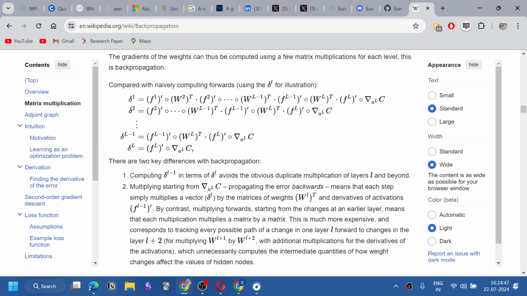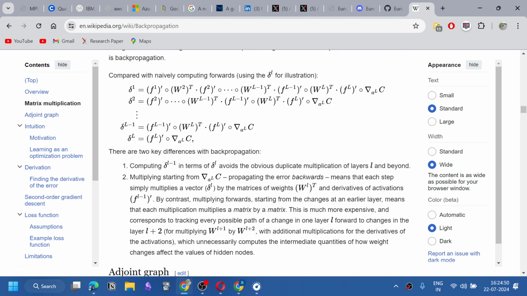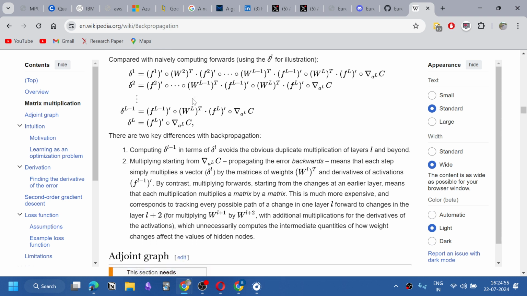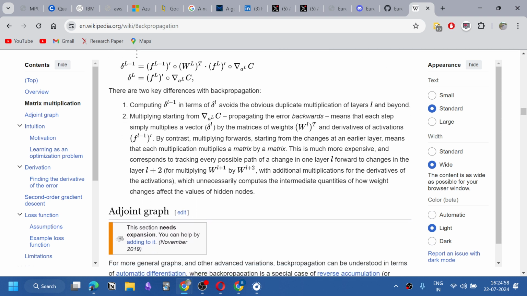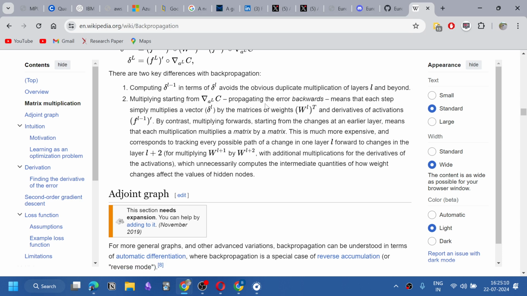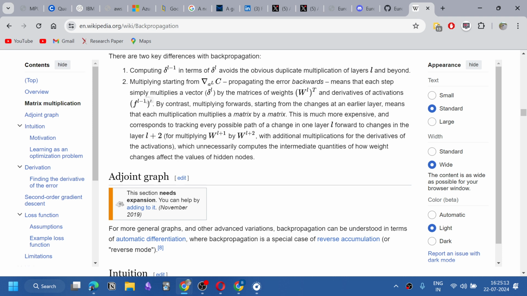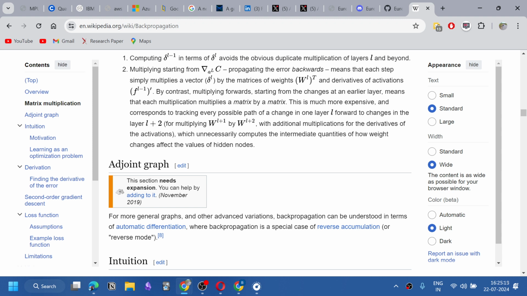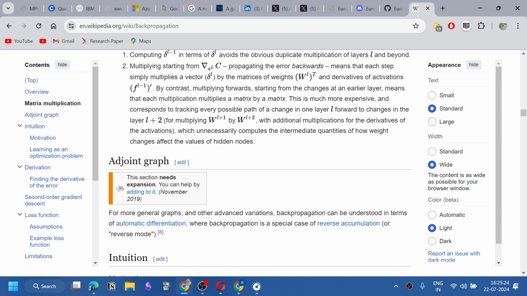This is backpropagation, compared with naively computing forward. There are two key differences. Backpropagation starts from the propagated error, which means each step multiplies a vector by a matrix of weights, whereas multiplying forward starts from the change at the early layer, which means each multiplication is matrix by matrix.